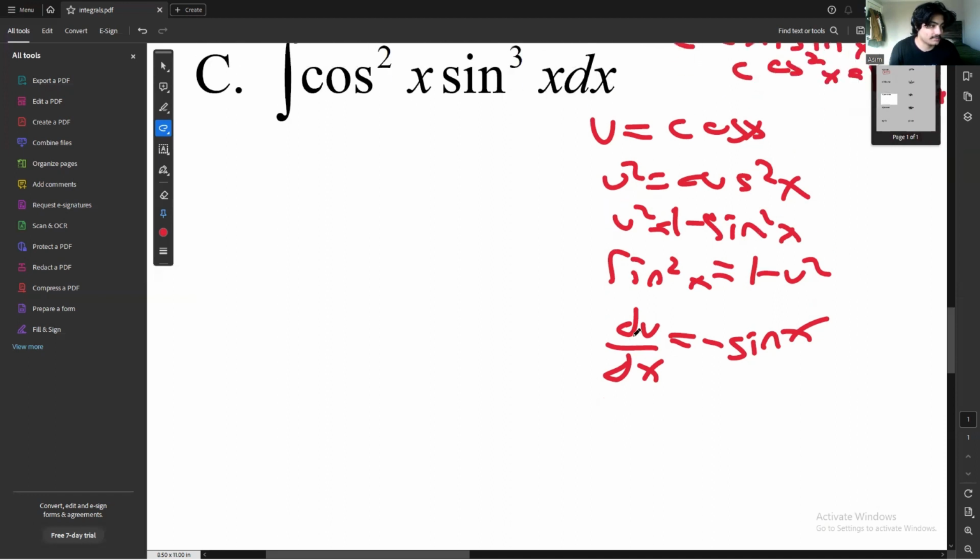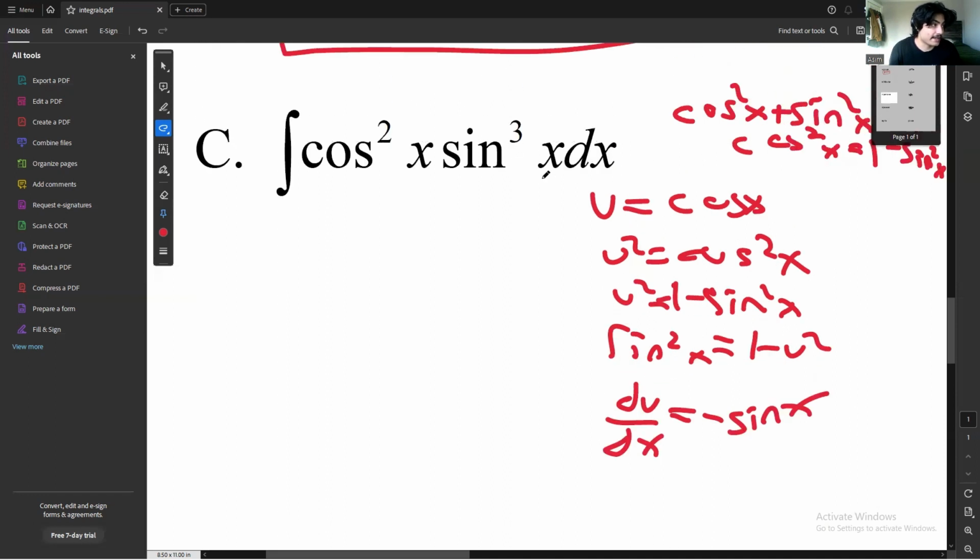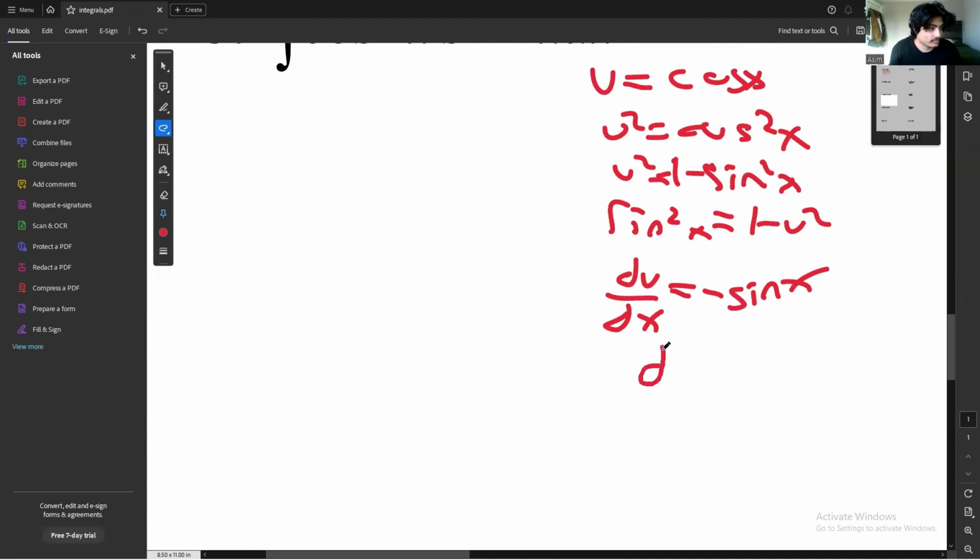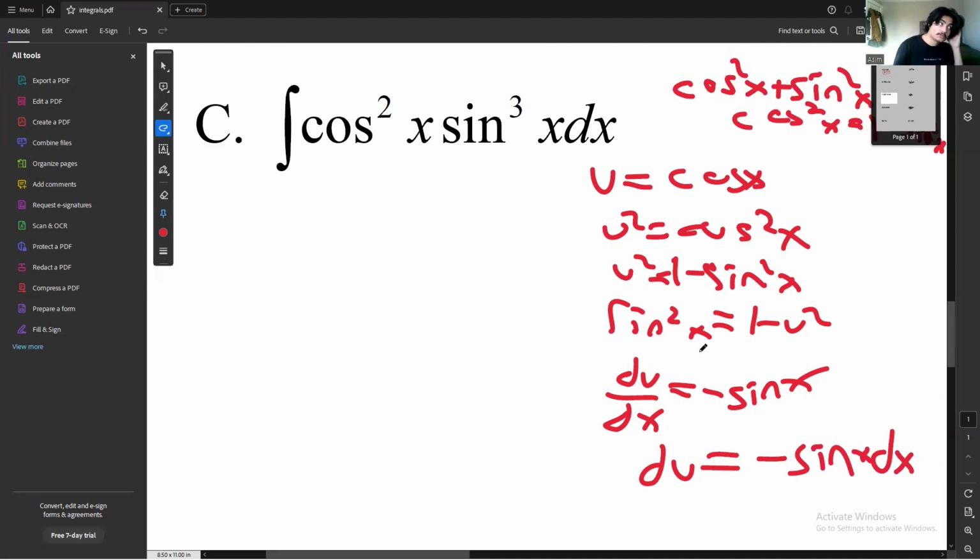Also, I want to find my du. Since I have a dx, and I'm also going to have a sine x over there when I pull out my sine square, it means that du is equal to negative sine x dx. Okay, let me just write this down.